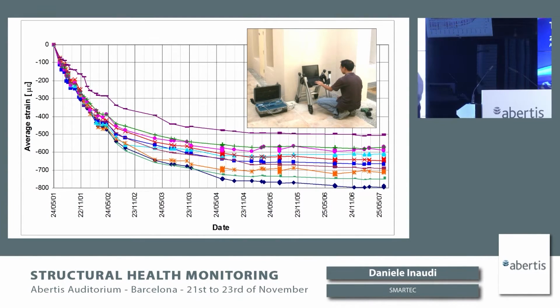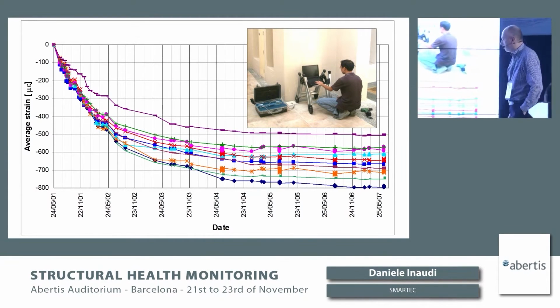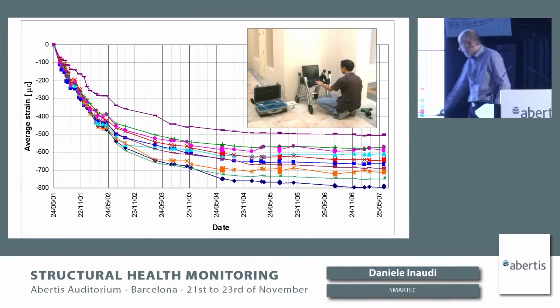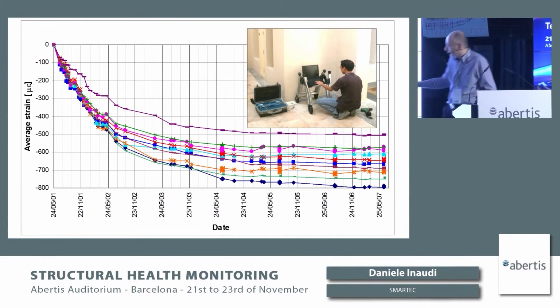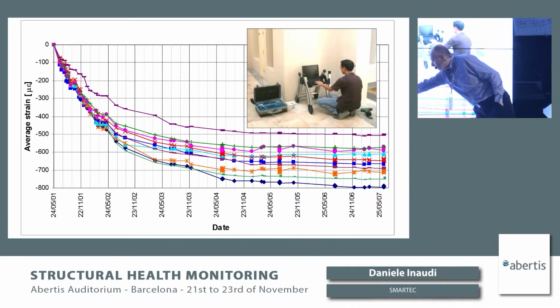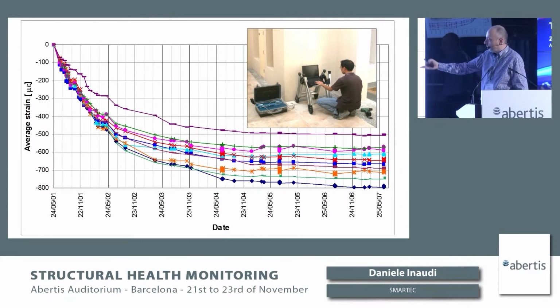You can see here, for example, some settlements of columns that have induced some strain, but others are very, very stable. So after an earthquake, I think there was one earthquake here, when they did some additional measurements, you can tell that there is no change before and after the earthquake. So that's a good indication that the building didn't suffer any degradation.